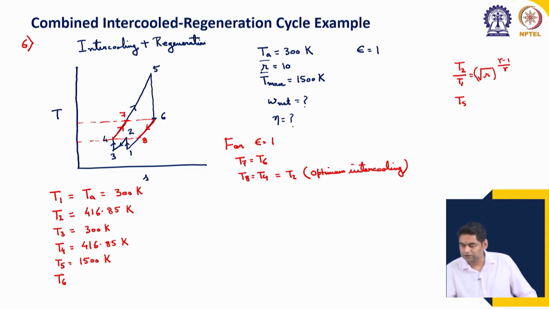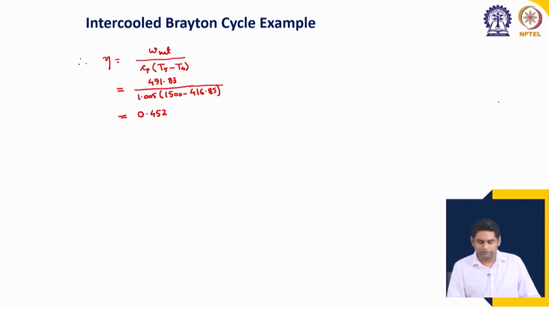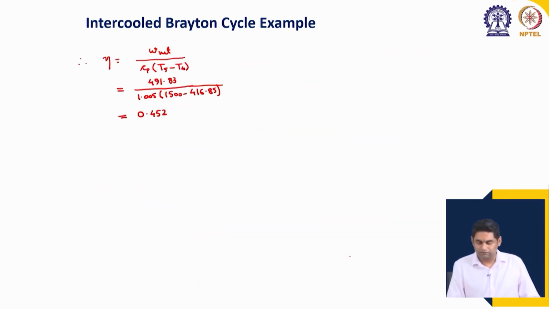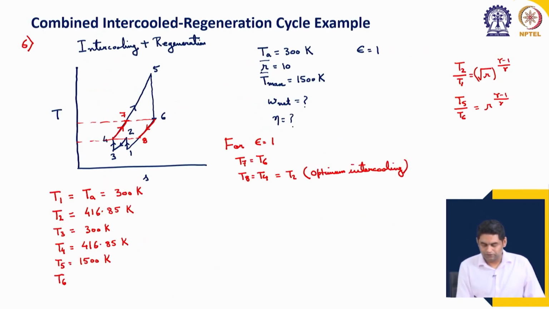So, T 5 by T 6 is equal to r to the power gamma minus 1 by gamma, and using the exact similar process we will obtain T 6 to be equal to 776.92 Kelvin.